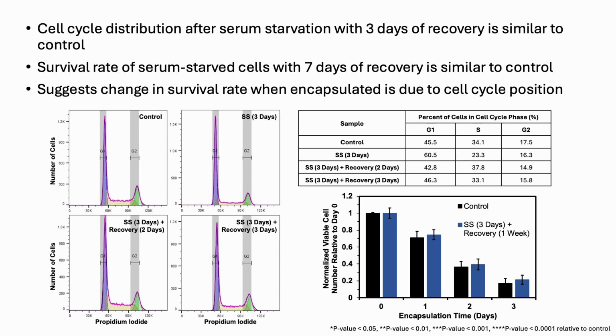These results suggest that eventually cells return to normal after 3 to 7 days of recovery because their cell cycle distribution and survival rate in the silica gels are very similar to the control. This indicates that changes in survival rate in the silica gels immediately after serum starvation and 1 day after serum starvation that were mentioned in the previous slide are in fact due to cell cycle position, not because cells are physically altered in any way by serum starvation.